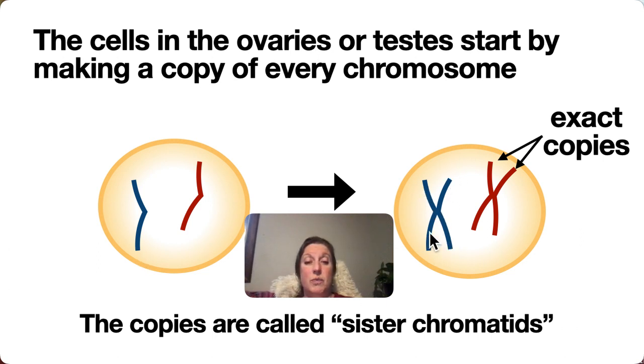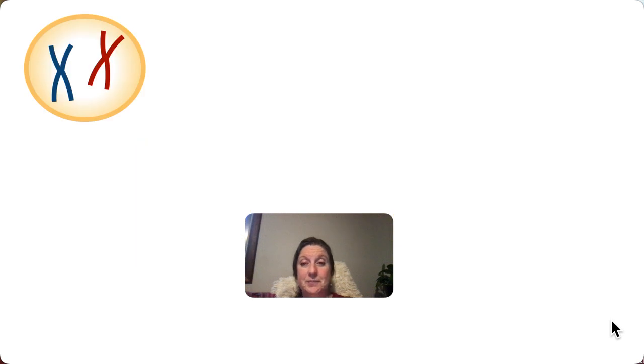So this is the original copy, and this is the new copy. Not really, but close enough. And they attach to each other by a part of the chromosome known as the centromere. But just think of them as being two identical copies stapled together. And each of these copies is called a sister chromatid.